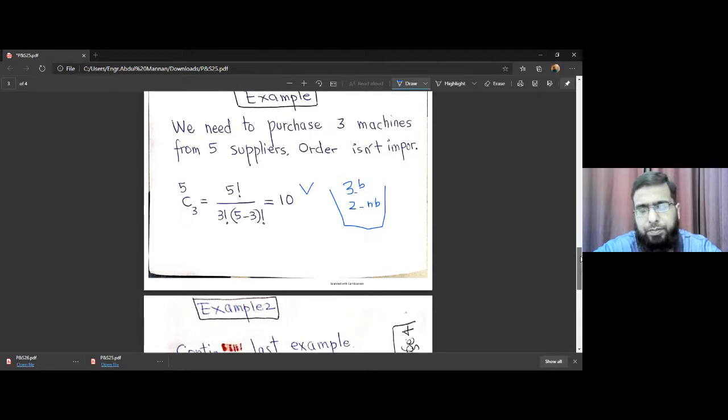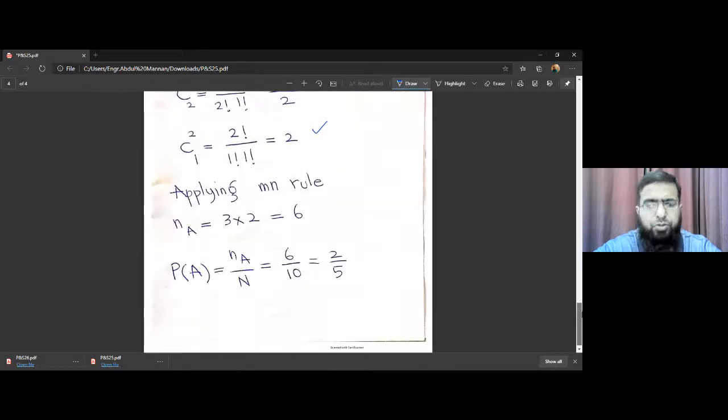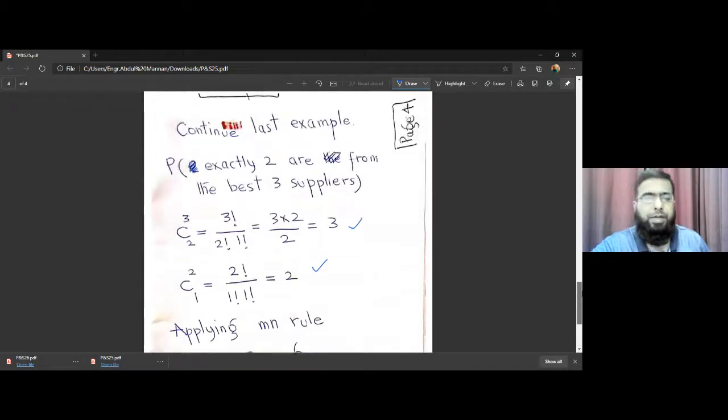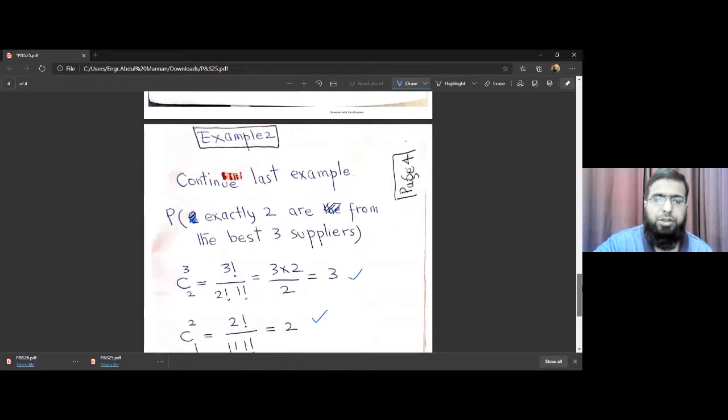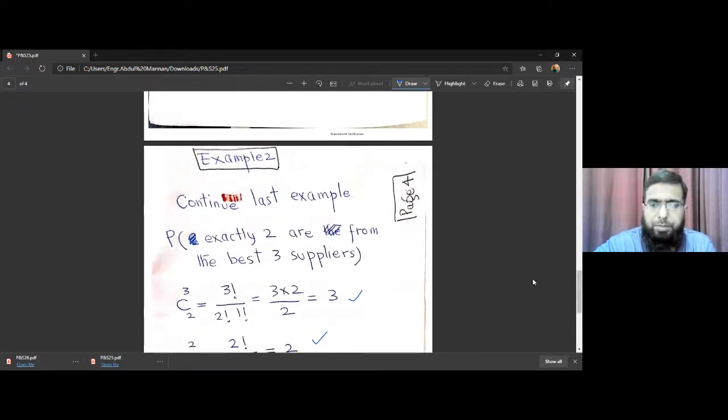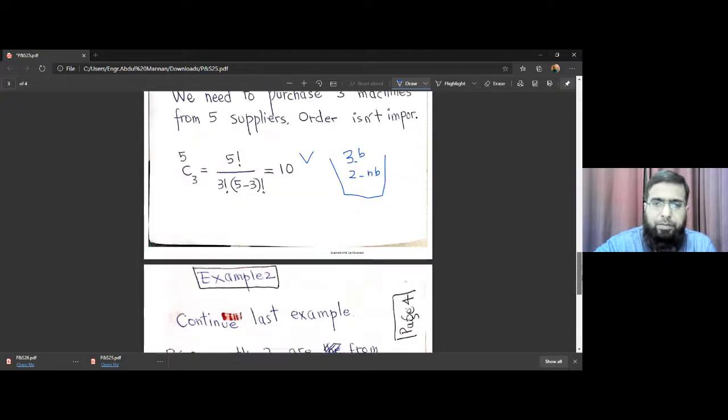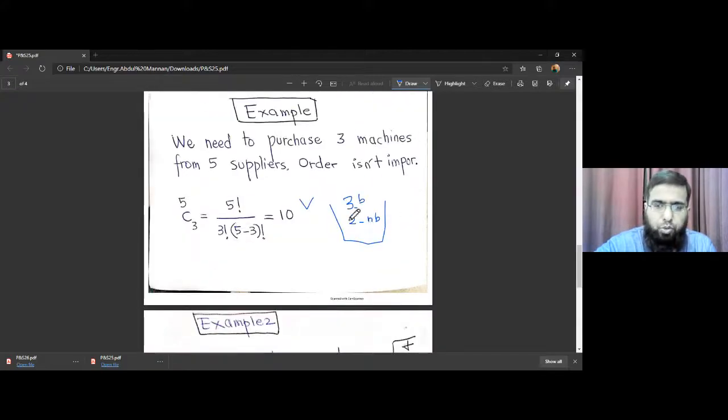So 6 over 10, which is 2 by 5, is 0.4. So there is a 40% probability that we will get 3 machines, and out of those 3 machines exactly 2 are from the 3 best suppliers and the remaining 1 is from the 2 non-best suppliers.